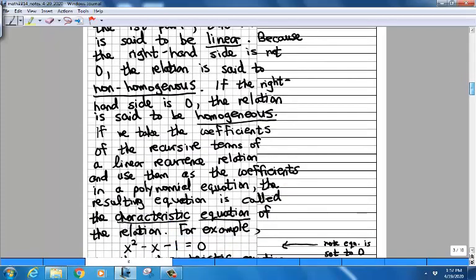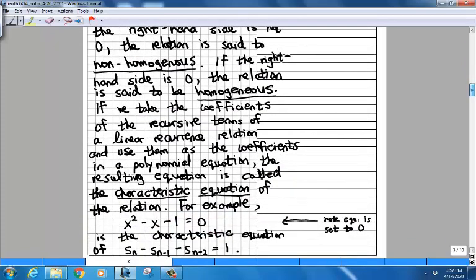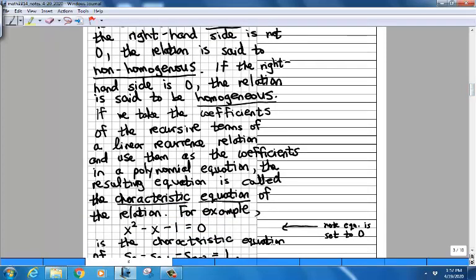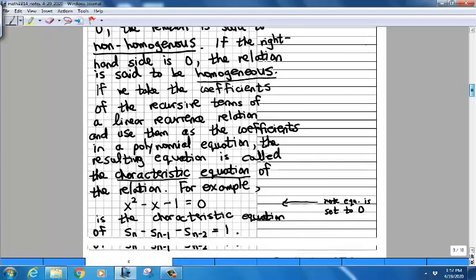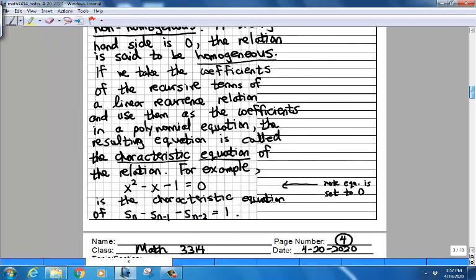All right, now here's the next thing that I'm going to do. What we're going to do is look at the left-hand side of that equation we wrote down that has the recursive terms in it.